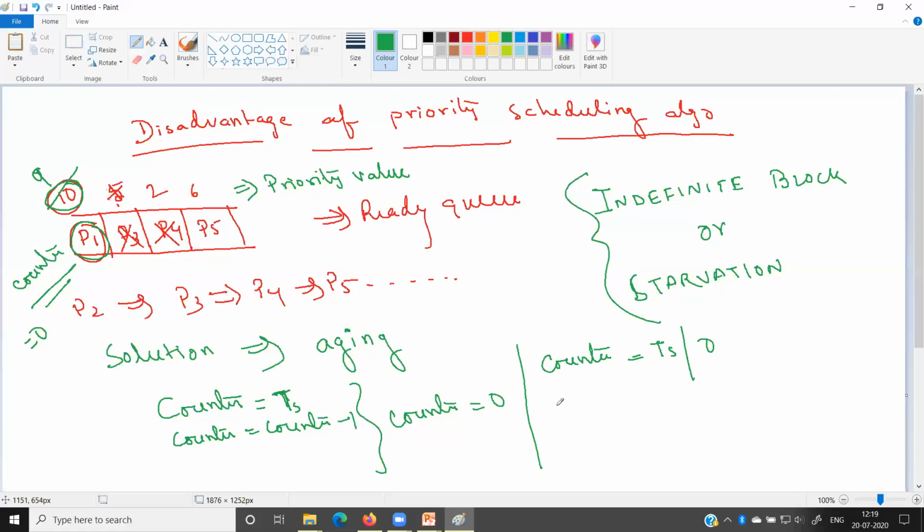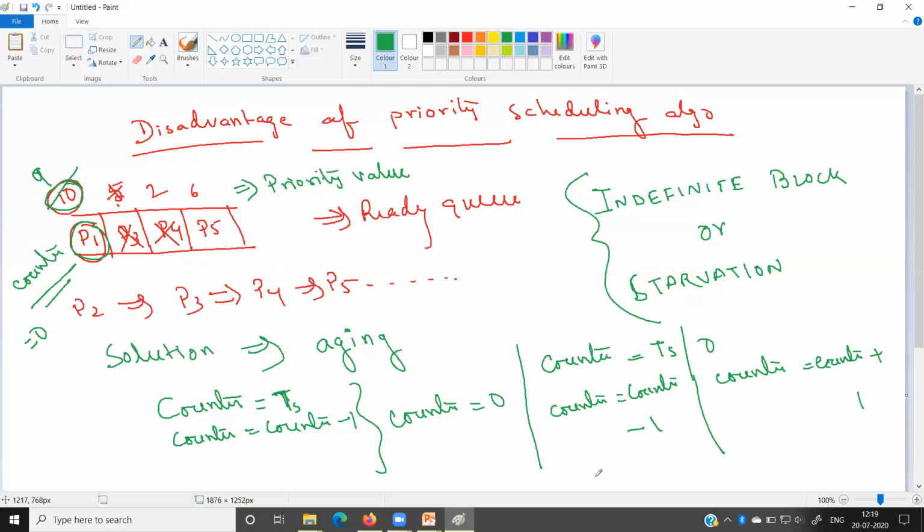That means you have to perform this operation: counter equals counter minus 1. Or if you assign it 0, then you have to perform counter equals counter plus 1. So in both cases you have to either decrease or increase it.